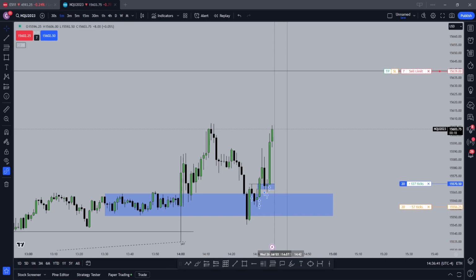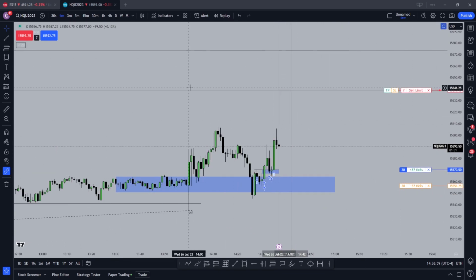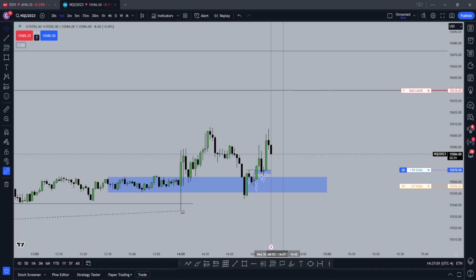So yeah, let's see what we get. So yeah, traded a lot today. Here we have another fair value gap.